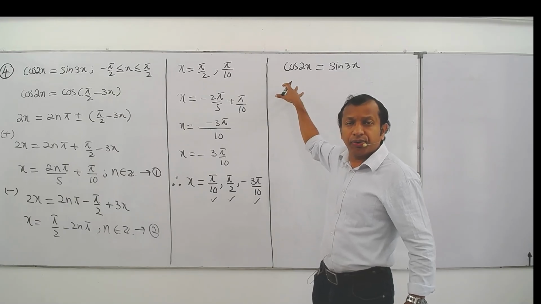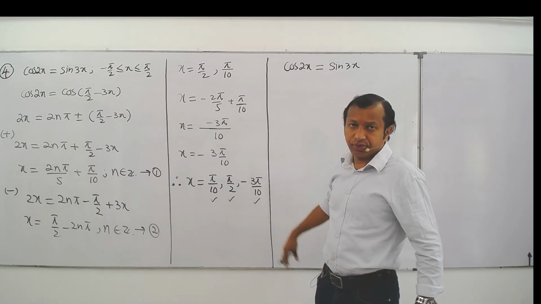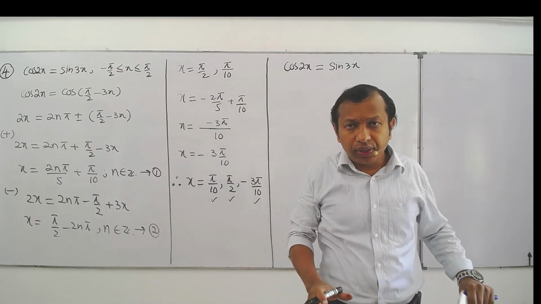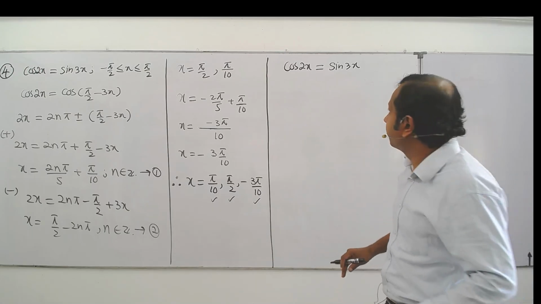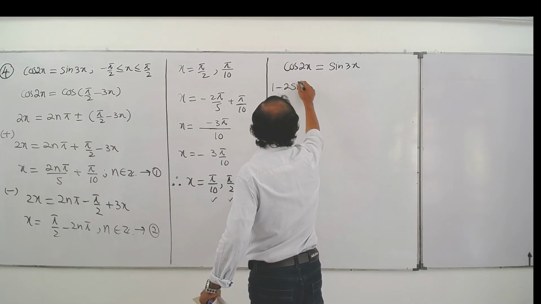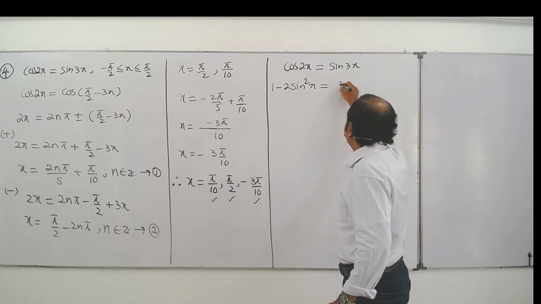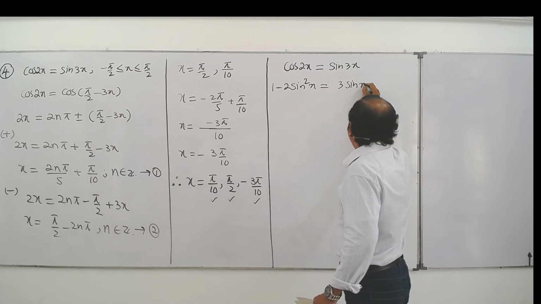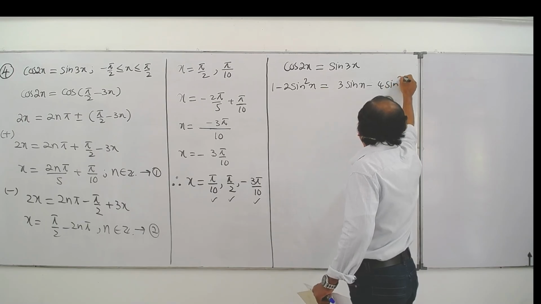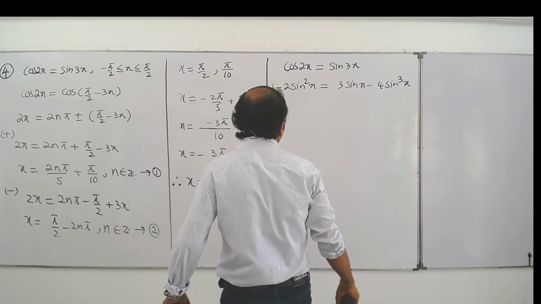Now secondly, I am going to solve this same equation for sin x, to get the answers for sin x. How? Like this. Cos 2x we can write as 1 minus 2 sin squared x. Sin 3x you can write as 3 sin x minus 4 sin cube x. Now I can take all the terms to the left hand side.